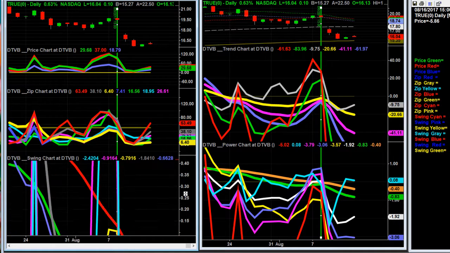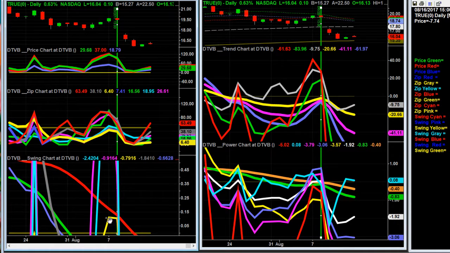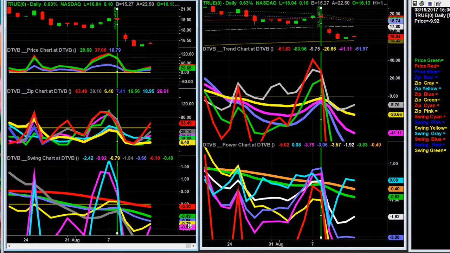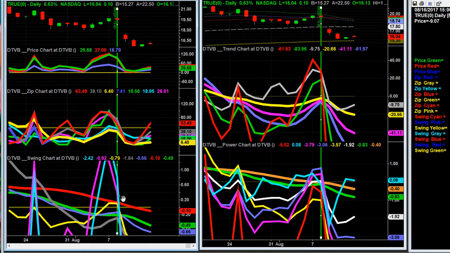Now, when you examine it like this, it doesn't look like it's parallel with the red line. But it is going down and it is close, and technically we would call that parallel with the red line.